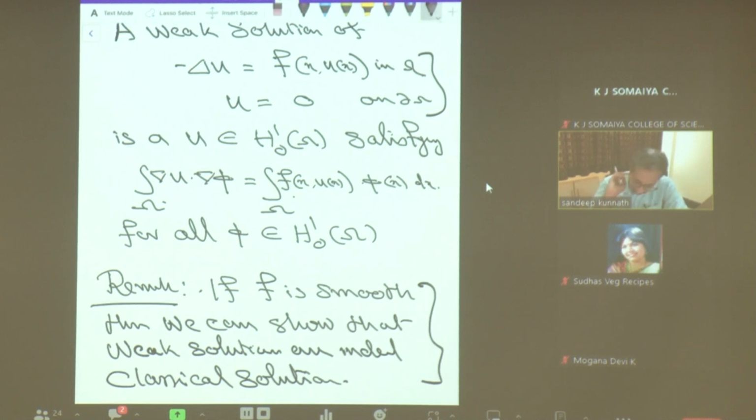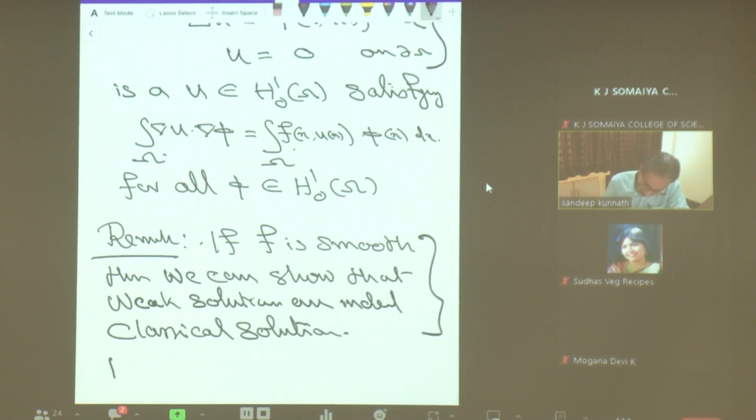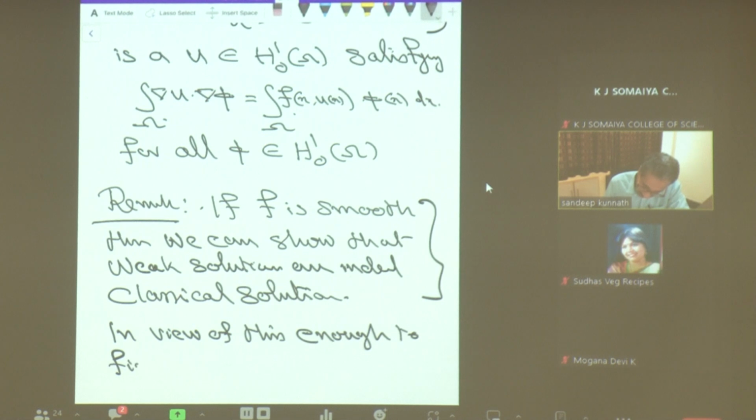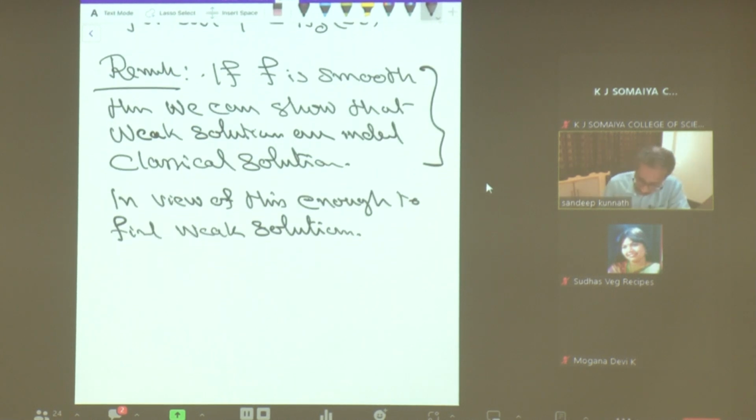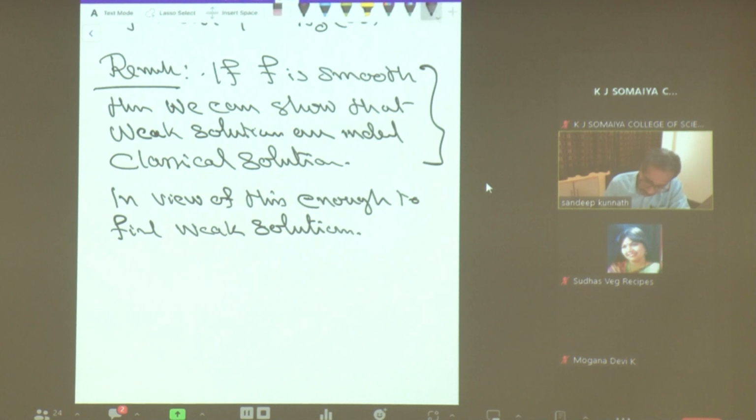Therefore, in view of this, it is enough to find a weak solution. Now this weak solution can also be seen as the critical points of the energy. That is what I am going to do next. I'm not going to prove it, I am just going to state it as a theorem.